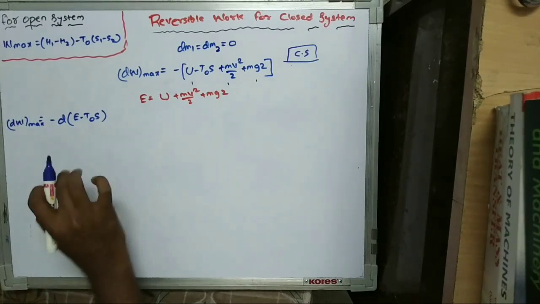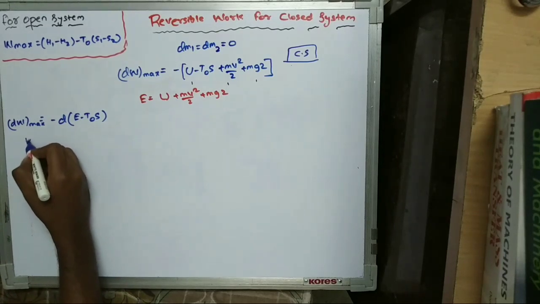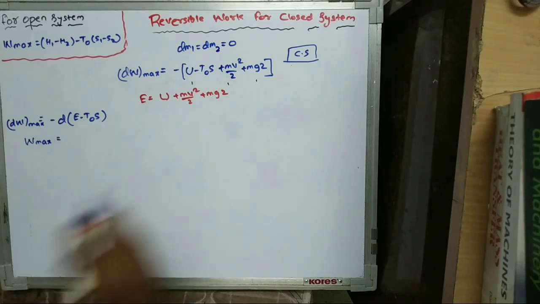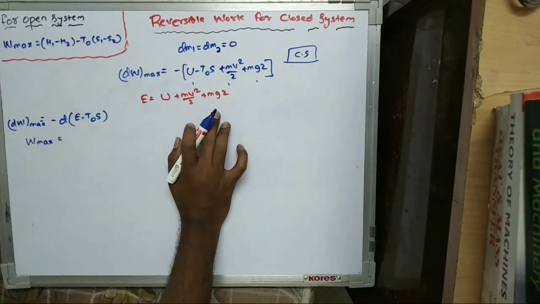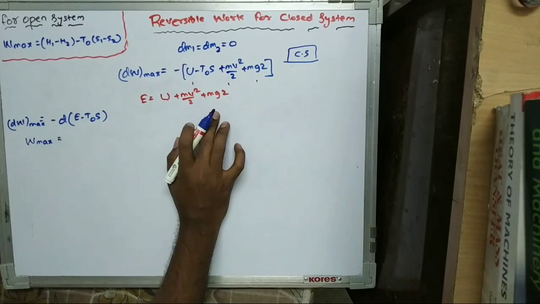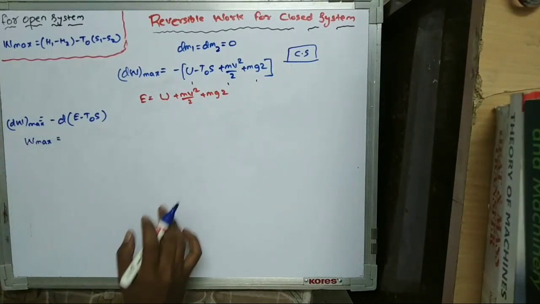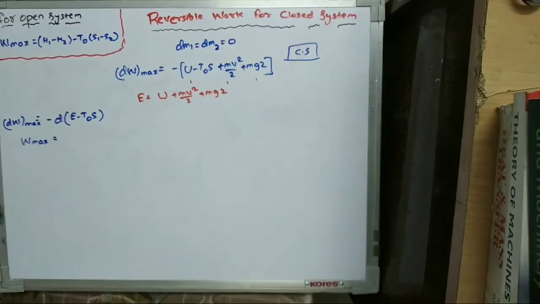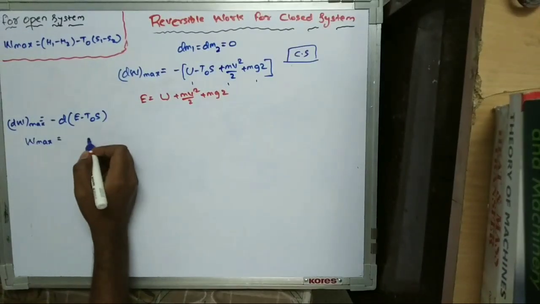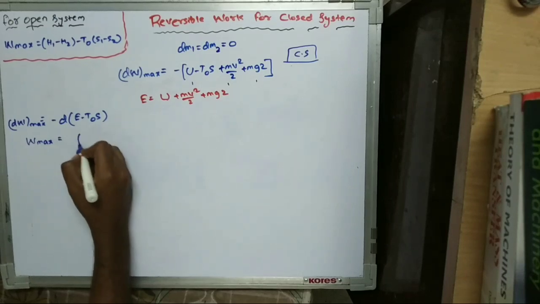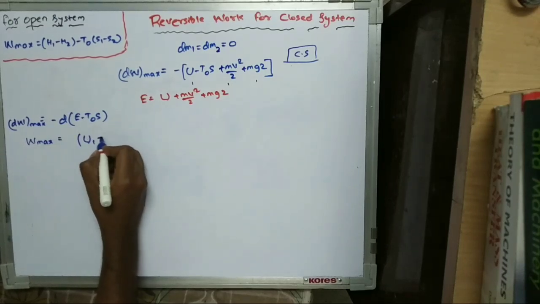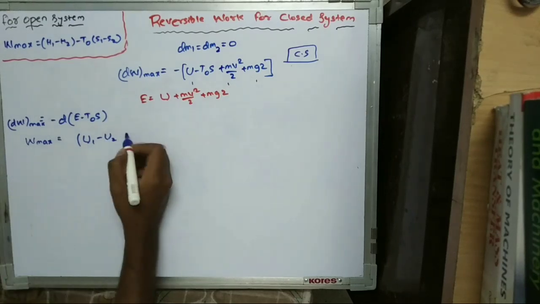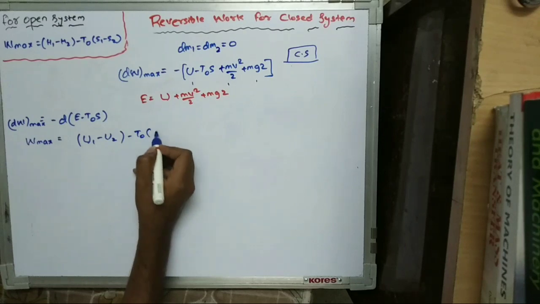Now if we integrate it, W max is equal to, neglecting kinetic energy and potential energy, so the only remaining energy is internal energy, U1 minus U2 minus T0 times (S1 minus S2).